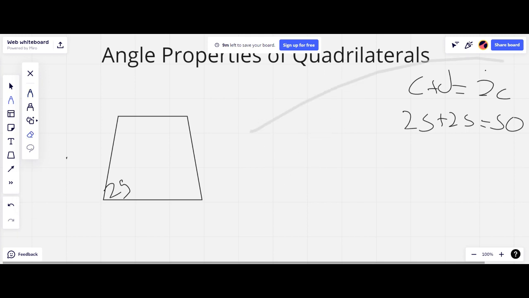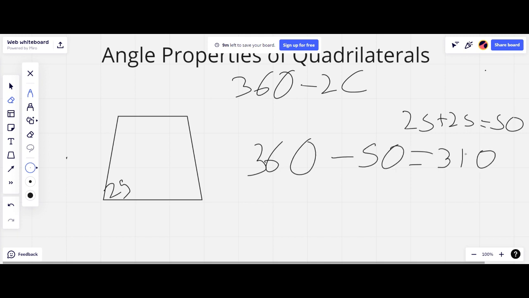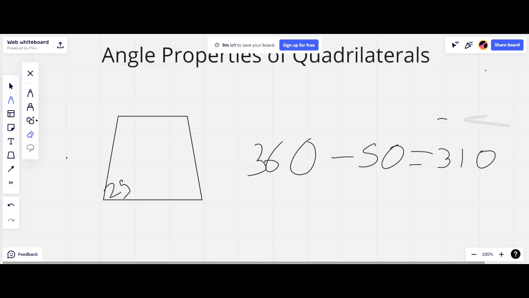And then, when I said in the formula 360 take away 2C, I basically meant 360 take away 50 equals 310. This tells me that the sum of these two angles, 1 and 2, is 310, and these two angles are equal. So 310 over 2 equals 155.